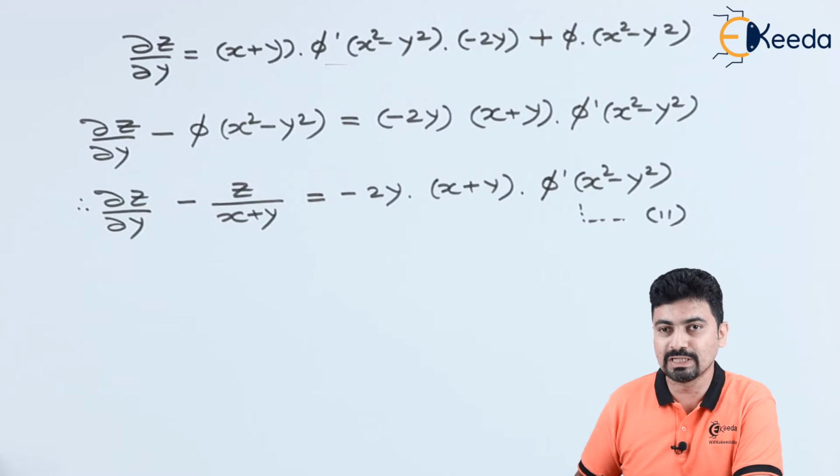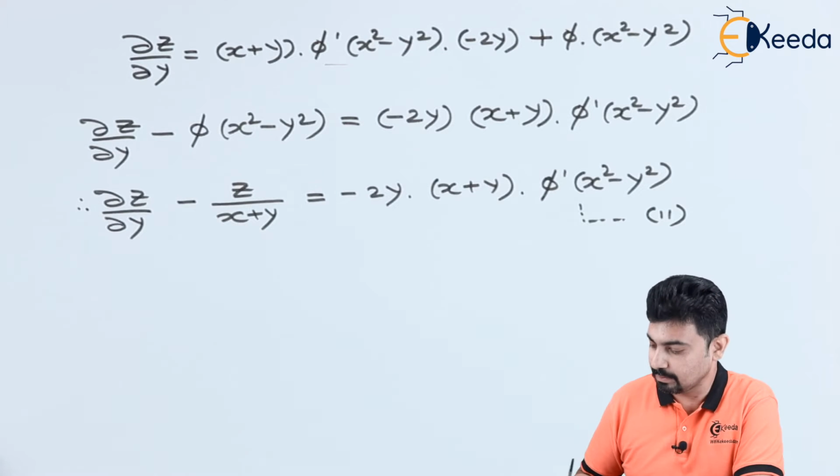So we have got our two equations. Now, when we divide the first equation by the second equation, we get the following step.